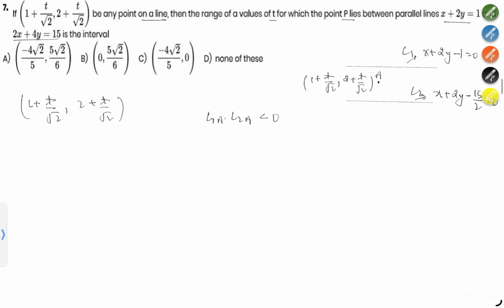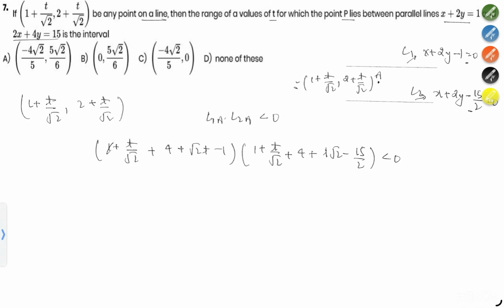We will get (1 plus t by root 2) plus 2 times (2 plus t by root 2) minus 1, multiplied by, I just substituted this point A in this equation. Now I am substituting this point A in this equation, so you will get (1 plus t by root 2) plus 2 times (2 plus t by root 2) minus 15 by 2. This should be less than 0.